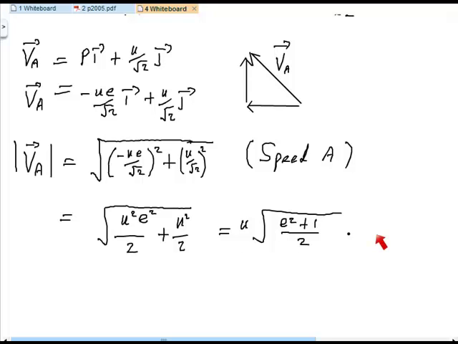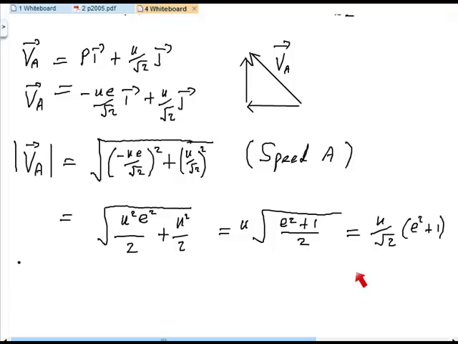And maybe even take out the 2 outside the square root, and you get U over root 2 into the square root of E squared plus 1. And that's the speed of the first guy calculated.